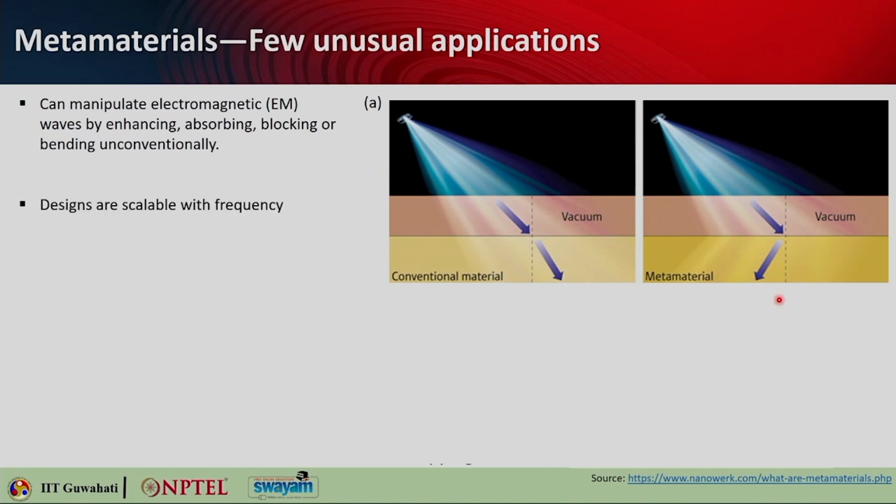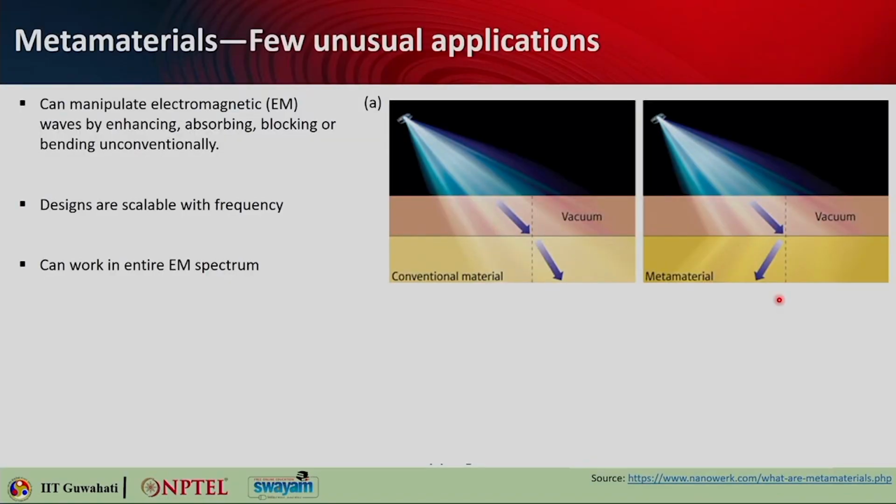Okay, the good thing is that the designs of metamaterials are scalable with frequency. So when the frequency increases, you just need to scale down your meta-atom size and the design works. And you can actually make it work over the entire EM spectrum. So that gives an amazing flexibility that you can adapt a design of metamaterial from another field and make it work for you.